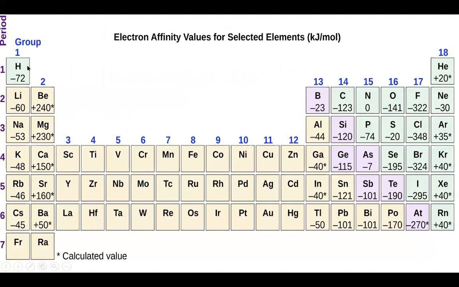Here you can see that when we move from top to bottom in the group, the value of electron affinity decreases, while when we move from left to right across the periodic table, the elements on the right side have more tendency to attract electrons toward themselves. That's why they readily accept electrons and more energy is released.